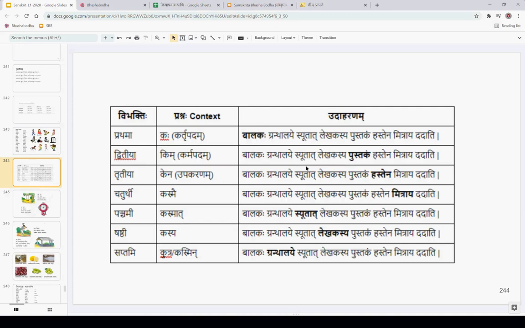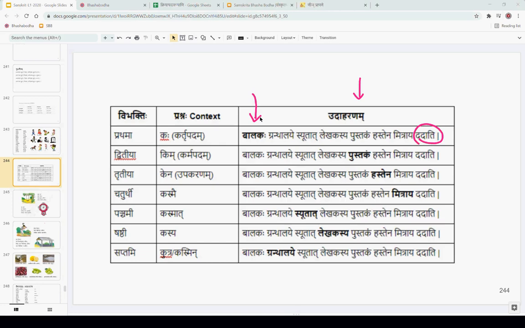You see here Prathama Vibhakti. The word in Prathama Vibhakti is Balakah, in this udaharanam. When you say Balakah Granthalaye Lekhakasya Pustakam Hastena Mitraya Dadati, it's a long sentence. What it means is Balakah, the boy. The kriyapadam is Dadati, gives. The boy gives. So who is doing the action is indicated by adding the Prathama Vibhakti pratyaya on the pratipadikam.